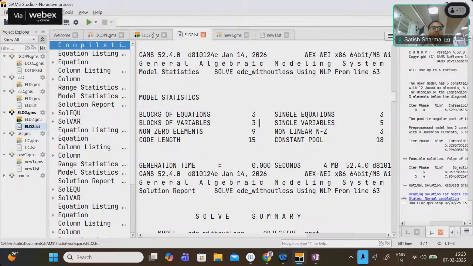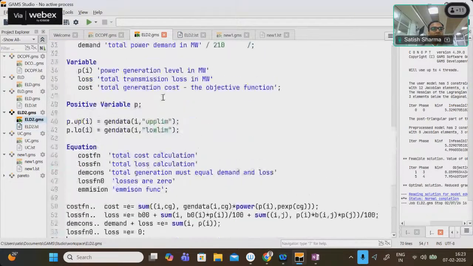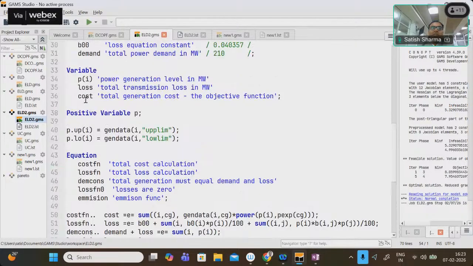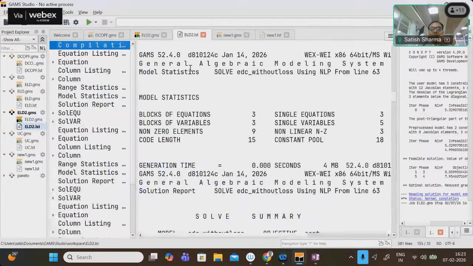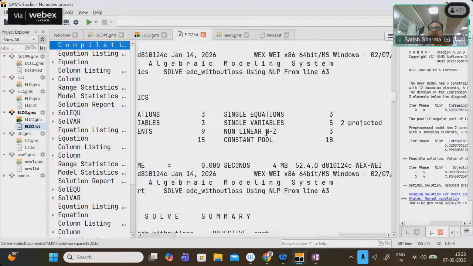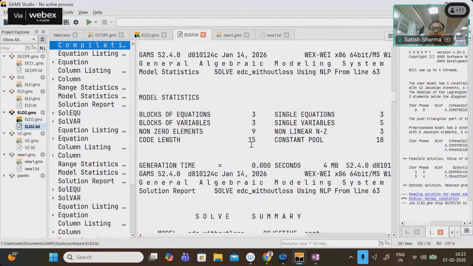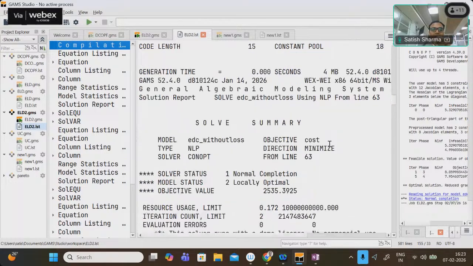You can see here, the variables we have defined are 3 only, where cost is one variable, loss is one variable, P is one block of variable, and set I represents three generators. So it is actually three variables. So 3 plus 2, 5. Our block of variable is only 3. This is what is defined here. What are the non-zero elements and non-linear elements, and code length, constant pool, and everything is provided here.